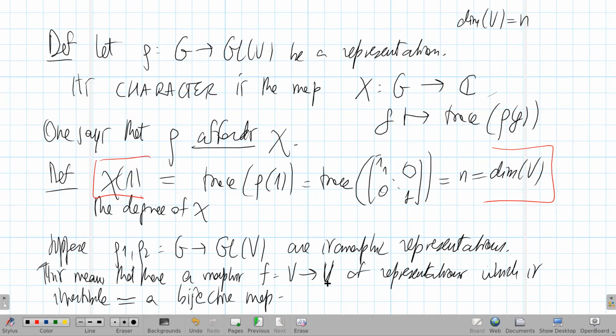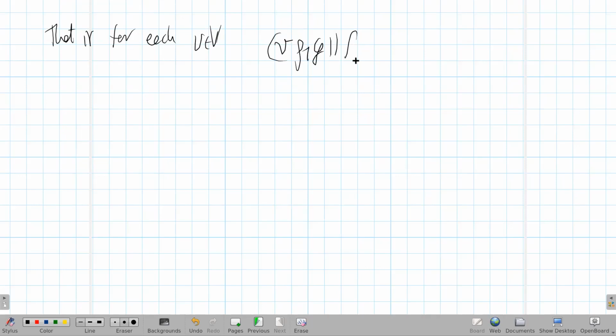Let's recall what it means that this is a morphism of representations, so we familiarize ourselves with the concept. Let's first do it on elements: for each v in V, you apply rho 1 of g to v and then you apply F, and what you obtain is that rho 1 of g comes out of F, except that you have a rho 2 of g on that side.